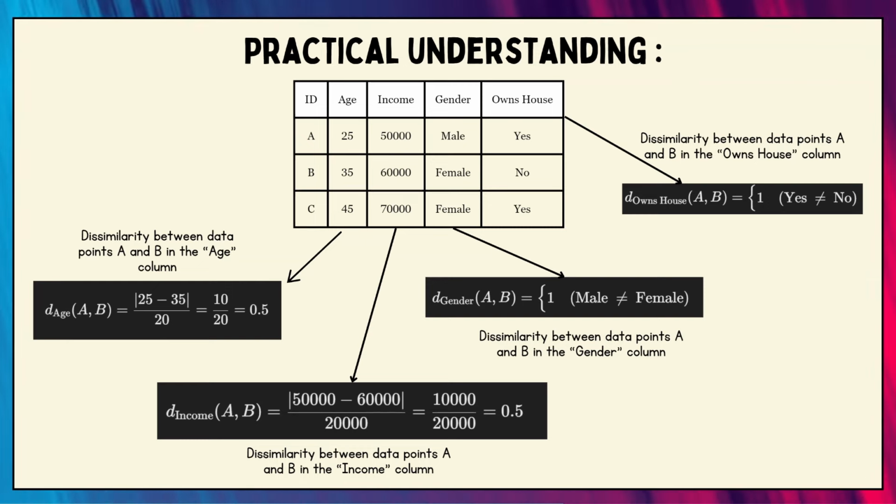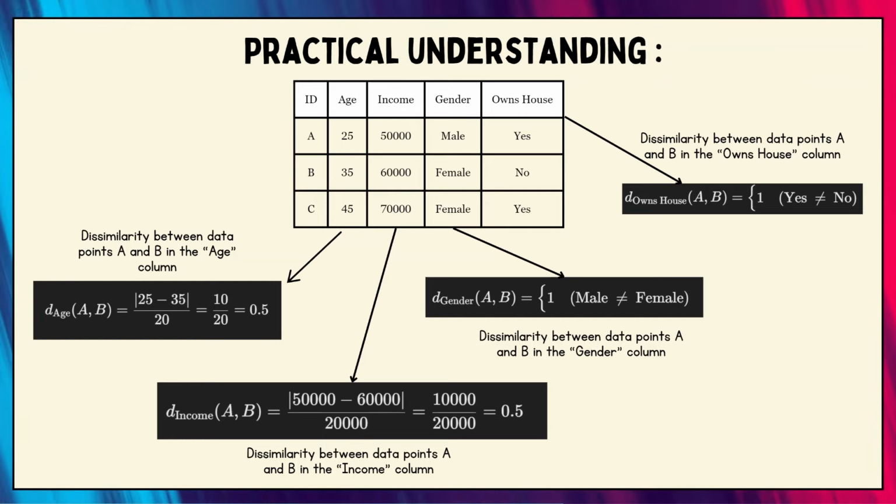Similarly, when talking about the dissimilarity between the same data points A and B in the categorical column gender, as the gender is different, we just provide a value 1. Male and female are two different categories, so we can just attach a value 1. And had they been similar, then we would have attached a value 0.